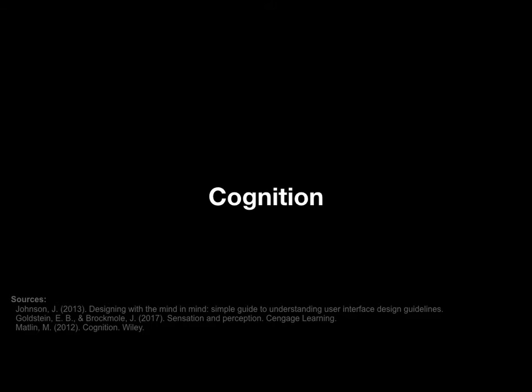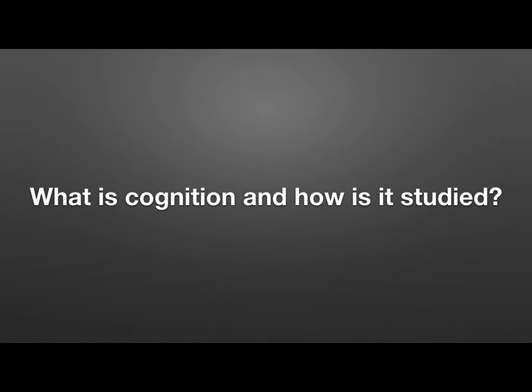So we're going to talk about how this encompasses perception, but is more about what happens in the brain, and how cognitive psychology characterizes the brain and how it works in terms of memory and attention and perceiving things, as well as learning new things and then applying those things. So hey, our background's back. So what is cognition and how is it studied?